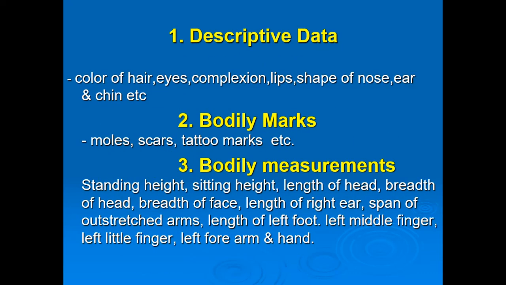So what is descriptive data? This is how a person looks, what is the color of hair, the color of skin, the color of eyes, whether they are brown, black, green, what is the complexion of the person, fair, white, black, brown, lips, their shape and size, thin or thick, big or small, shape of nose and ear and chin, etc. You can see the chin is triangular in many people, square in many other people.